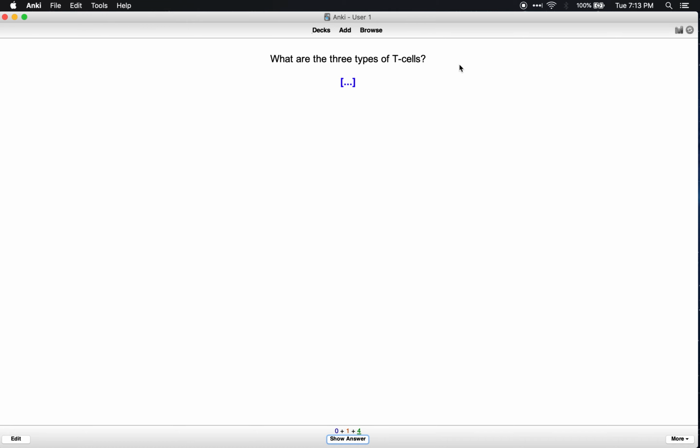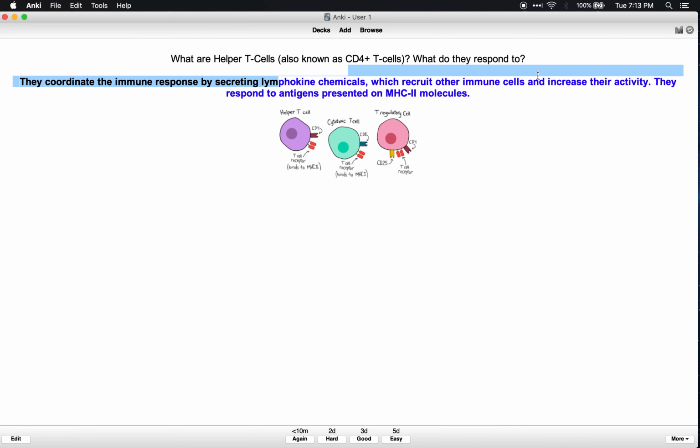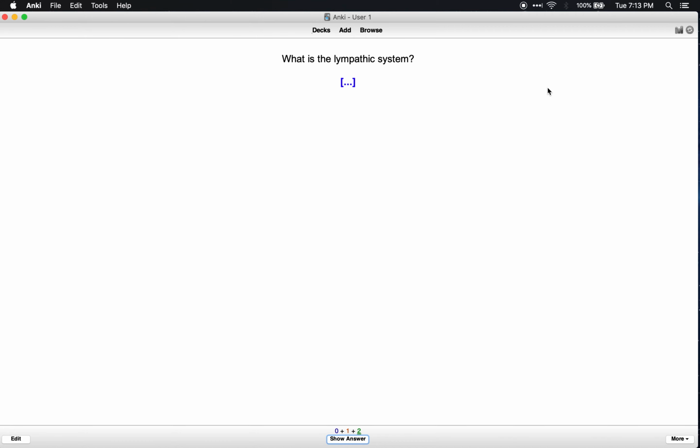Helper T cells, suppressor T cells, and cytotoxic T cells. Helper T cells respond to MHC class 2 molecules, and secrete lymphokines that recruit additional immune cells to the area. The lymphatic system is a one-way circulatory system with lymph vessels and lymph nodes.